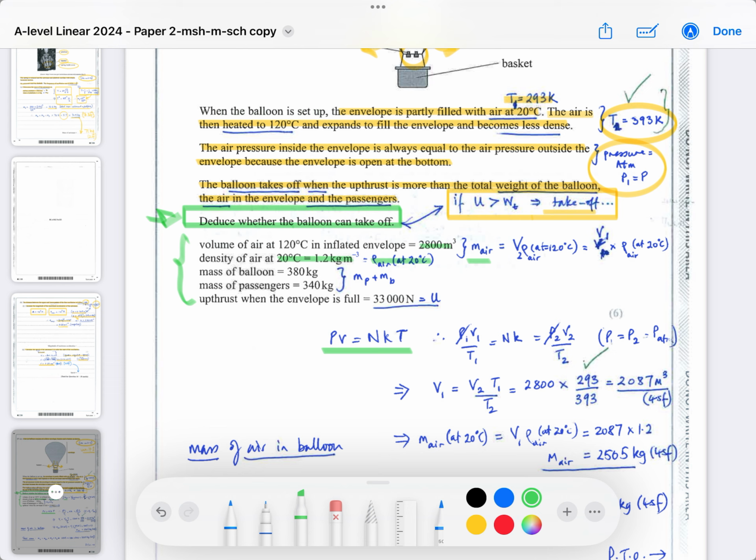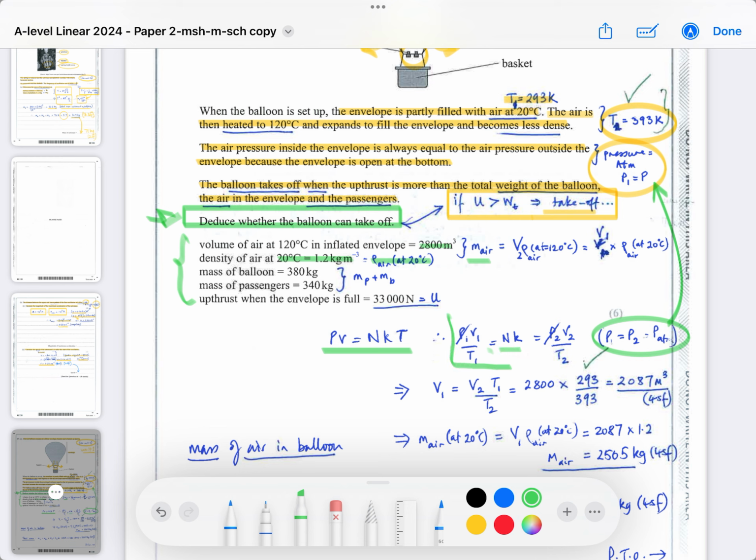Pressure is always equal, because of what we said over here. Okay? So then I basically put T on the other side of the equation. So you get P1 V1 over T1 equals nk, and that means P2 V2 over T2 will equal it.